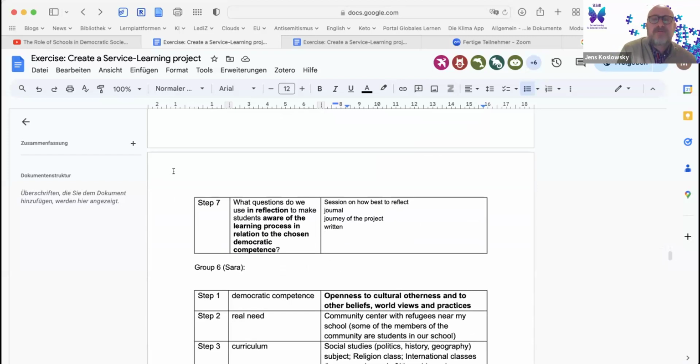And about the reflection, specifically on how they can reflect on those 2 skills that we selected. We thought that a reflection journal might make a lot of sense, because it's obviously a process that takes a long time. So if they regularly write down how they feel, or what they have learned, or how they perceive the problem, and they look back at the end of the project to the beginning, how did I look at it then, and what did I learn in the process?